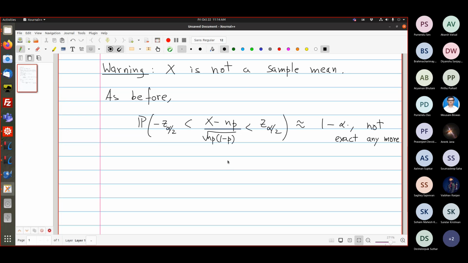Okay, is this point clear? Okay. So we will assume n is large.